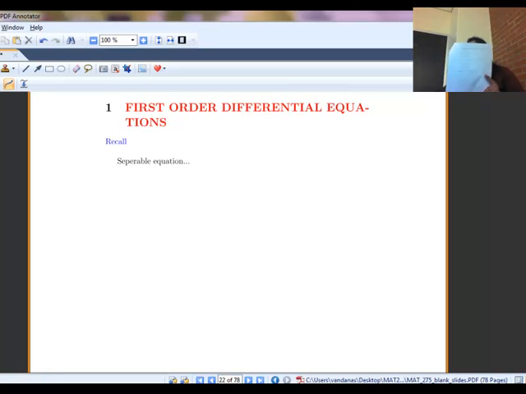And how will you get rid of the c? You solve for this c. When you solve for the c, what will you get? Okay, let's solve for the c in this problem.